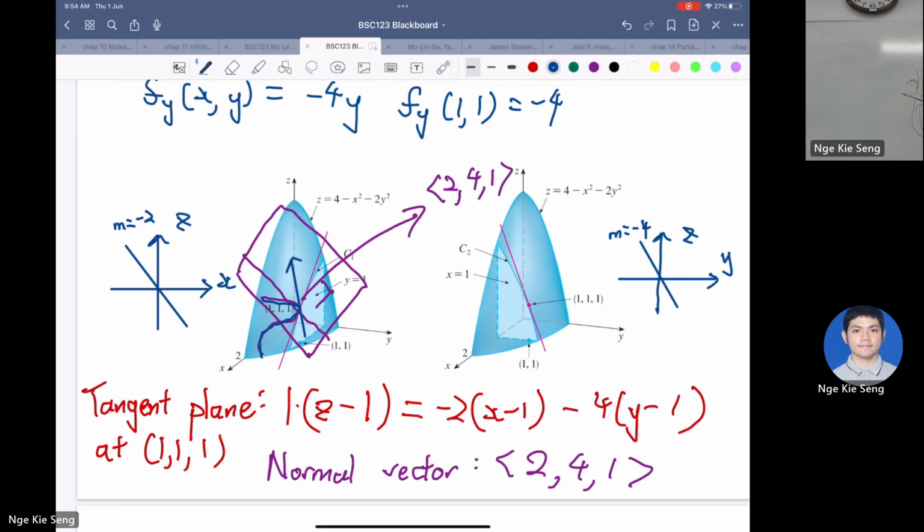So you should ask, can I differentiate with respect to different directions? Can I differentiate with respect to x plus y, for example? The answer is yes. You can differentiate with respect to any direction, which we will learn later, called the directional derivative. We go in a different direction and differentiate along that direction, not just x and y.